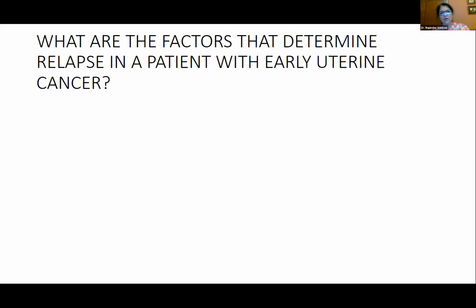Okay. I think we've had a wonderful evening before, and everything has been thrashed out. But just for the sake of the panel discussion, I'll enumerate the factors. One is the age of the patient, which is very important. The grade of the tumor is very important. Size of tumor is no longer considered that important. Myometrial invasion, whether 50% or otherwise, is important. Then LVSI, the lymphovascular space invasion, and the histology and morphology of the tumor.